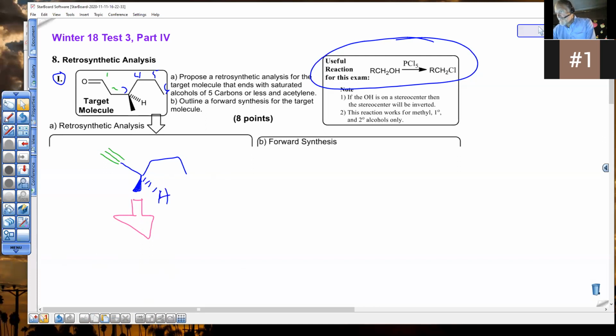And this is where we're at the synthesis stage. I know how to make this bond by using a nucleophile electrophile combination. And please remember, the nucleophile has to be an acetylide or an acetylide with a carbon group up here. But right now, we don't have a carbon group up there, so we don't need a carbon group here.